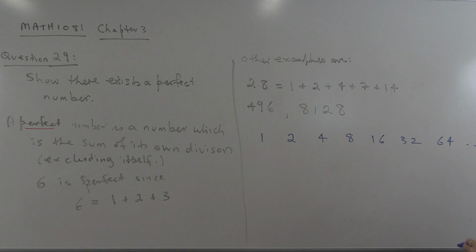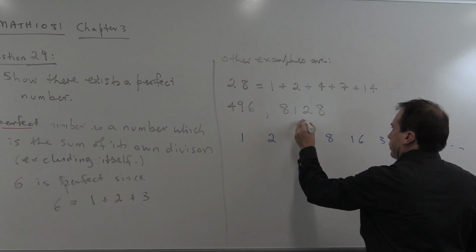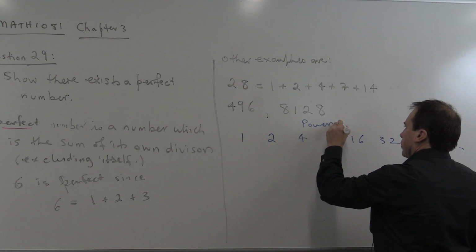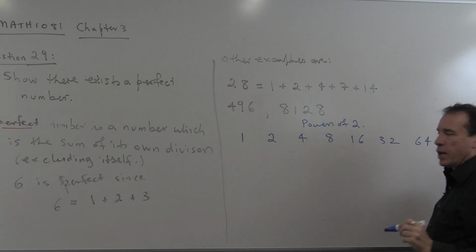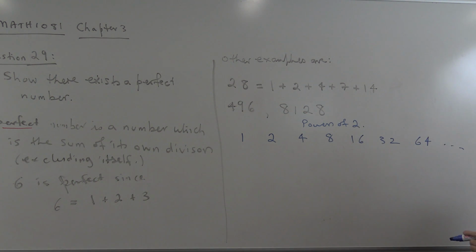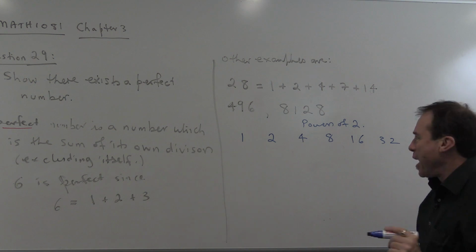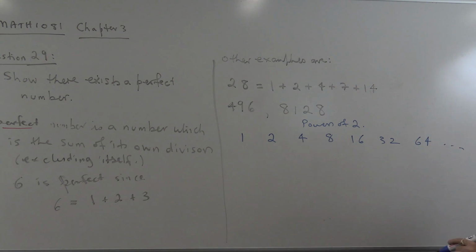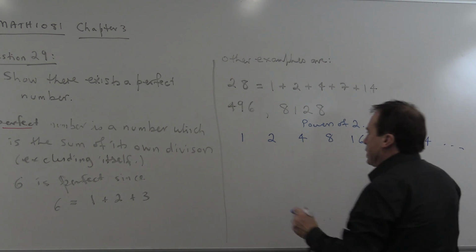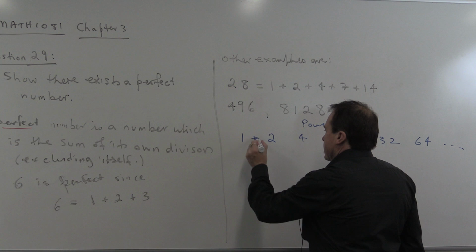So these are all the powers of 2. And you can imagine the ancient Greeks having slaves to do all their work for them. An ancient Greek mathematician might have written down these numbers and started playing with them. And in particular, what they did was they started to add them.